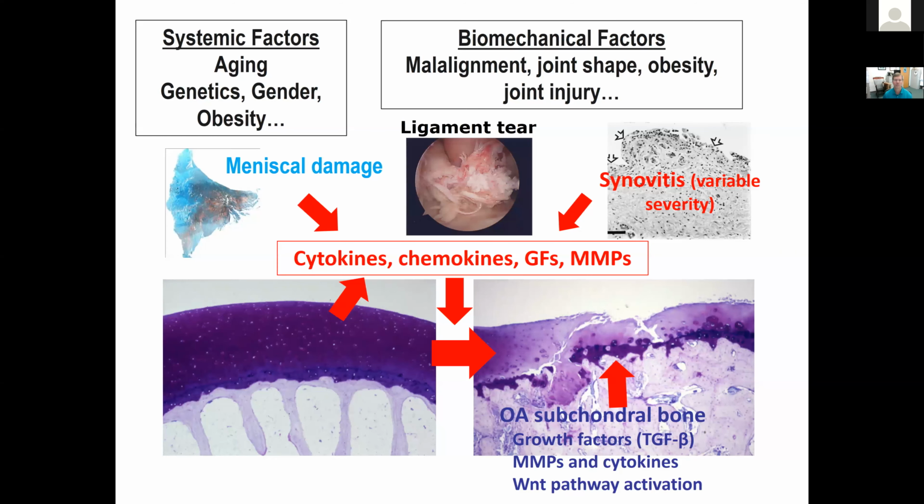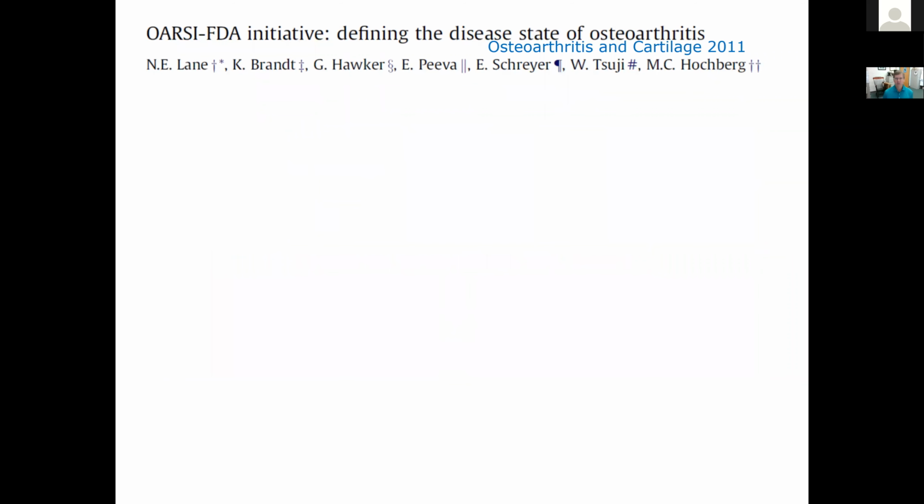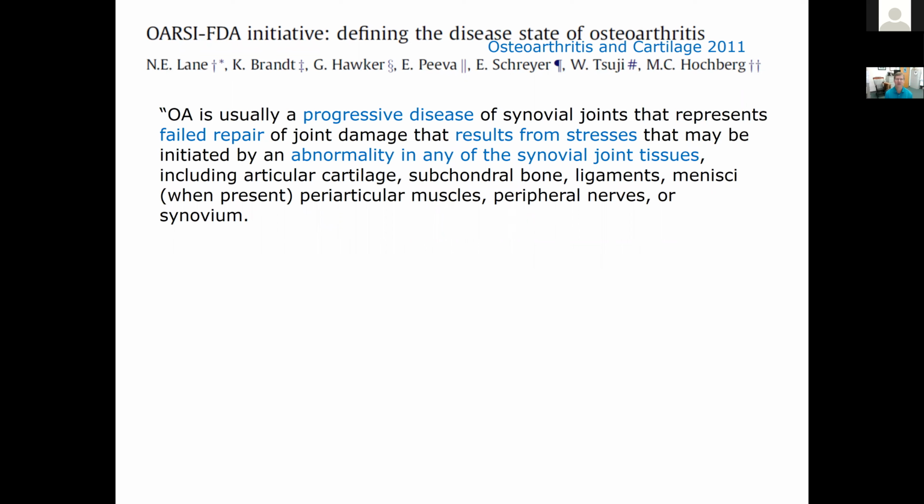It's worth, I think, taking a step back and looking at how you might define osteoarthritis. And this was part of an OARSI FDA initiative, coming up with a definition of OA. So just to go through this, the particular group put together a definition that osteoarthritis is a progressive disease of synovial joints, and it represents failed repair of joint damage.